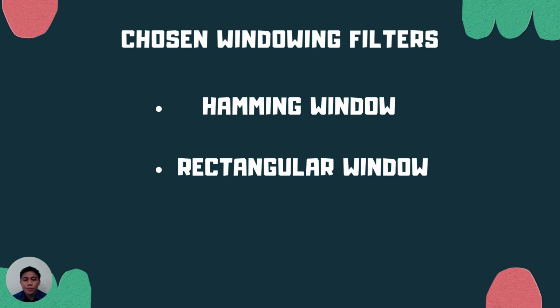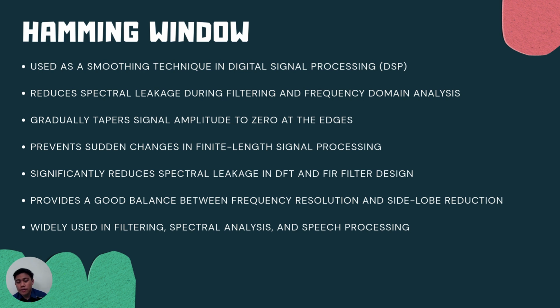So in this project, for the windowing filter, we have 2, which are Hamming window and rectangular window. So first, Hamming window. A smoothing technique of digital signal processing, which means DSP, that reduces spectral leakage during filtering and frequency domain analysis.